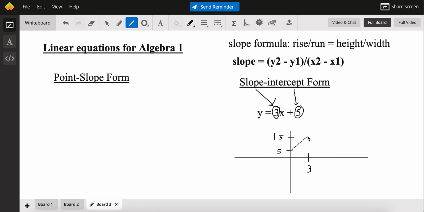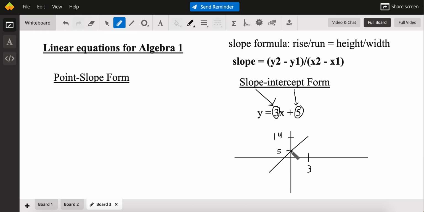Right, so I'm touching 5 when I go through the y-axis, but from 0, slope is 3. So you want to go from 5, 10, 15, 3, 9. I'm going to go to 9.